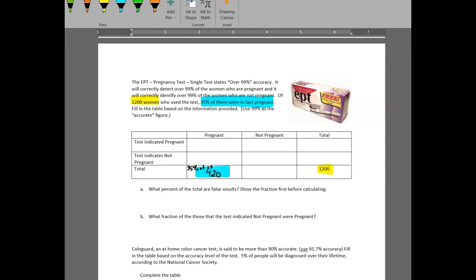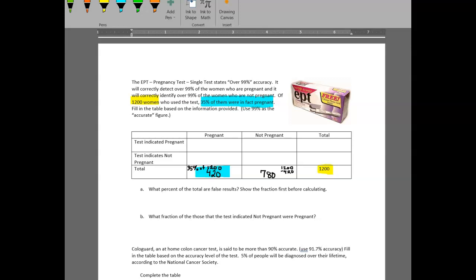When we take our 1,200 and subtract our 420, that is 1,200 minus 420, and that gives us our 780.